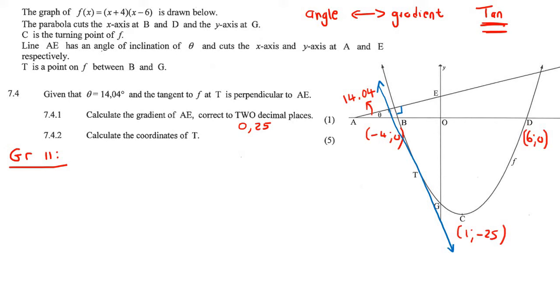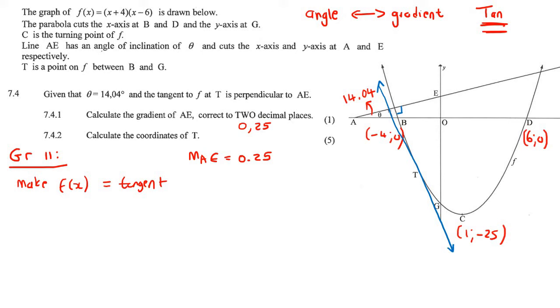So we're going to make f of x equal to the tangent's equation. But now we don't have the tangent's equation, but what we do know is the following. We know that the gradient of AE is equal to 0.25. They also told us that the tangent line and the line AE are perpendicular to one another. They are perpendicular.